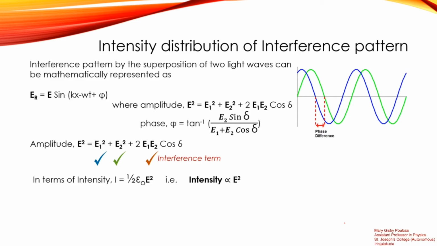It implies that the intensity is proportional to the amplitude squared. Thus, substituting I wherever there is E², we get I = I1 + I2 + 2√(I1 I2) cos δ. Here I1 represents the intensity of the first wave, I2 represents the intensity of the second wave, and 2√(I1 I2) cos δ represents the interference term.